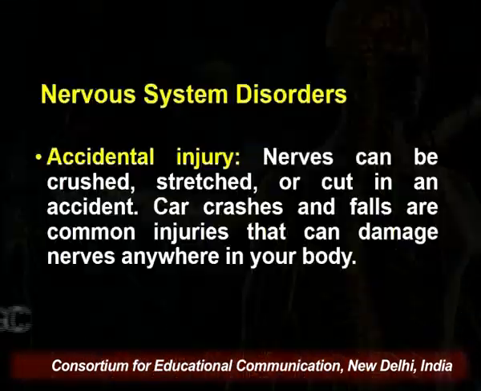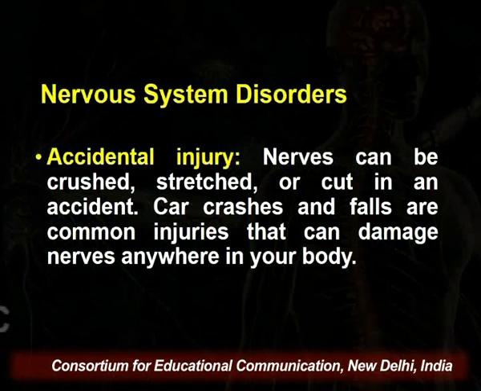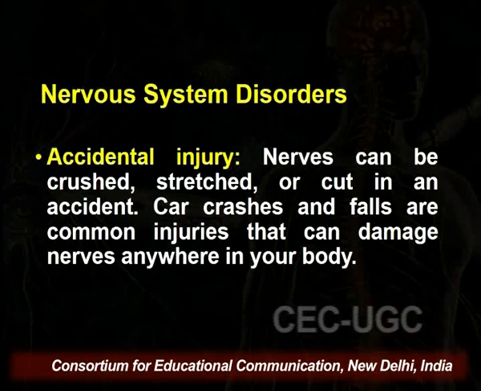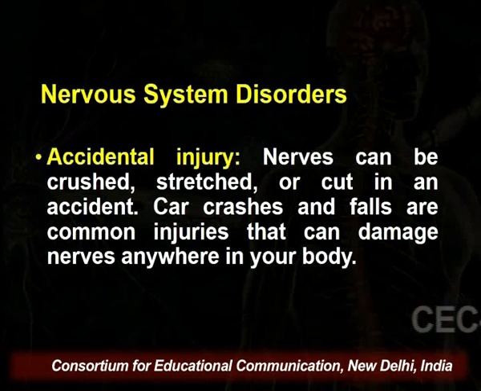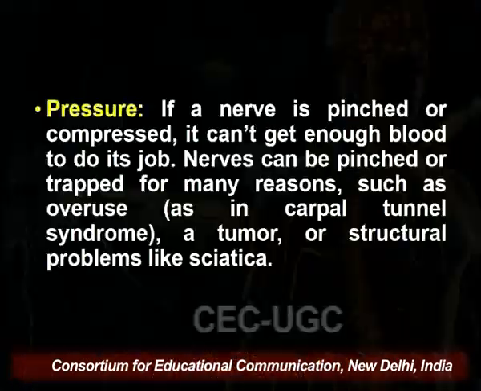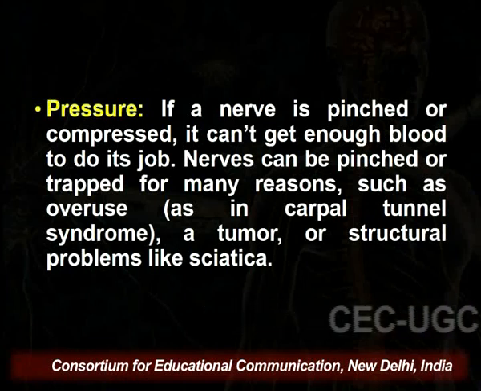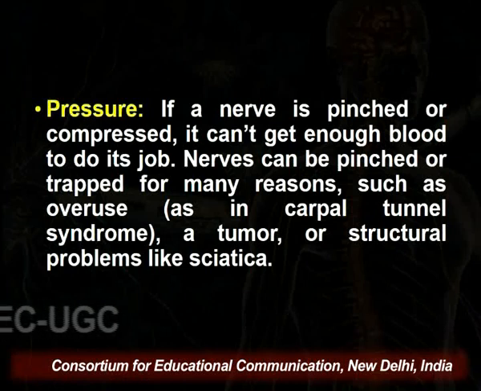Then accidental injury. Nerves can be crushed, stretched or cut in an accident. Car crashes and falls are common injuries that can damage the nerves anywhere in your body. Then pressure. If a nerve is pinched or compressed, it can't get enough blood to do its job.